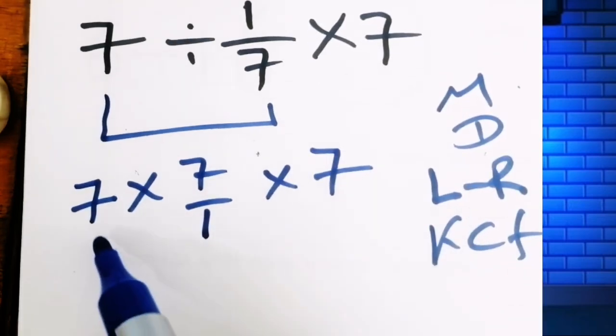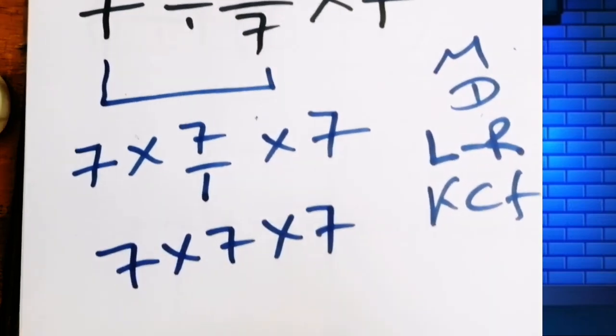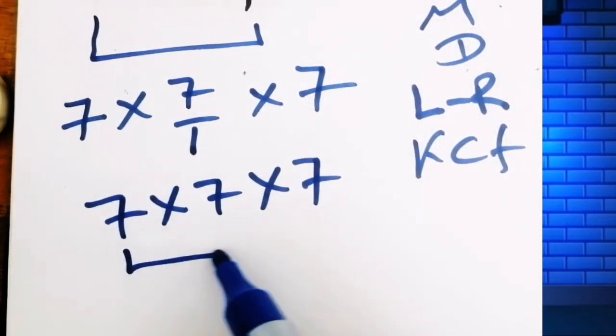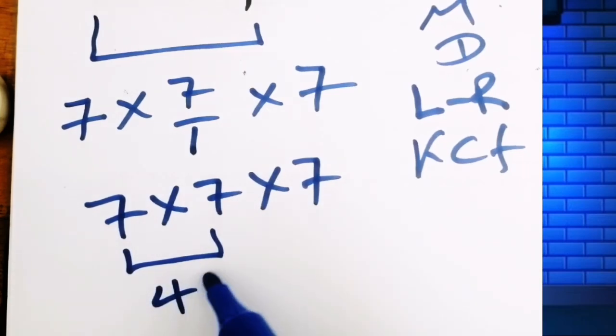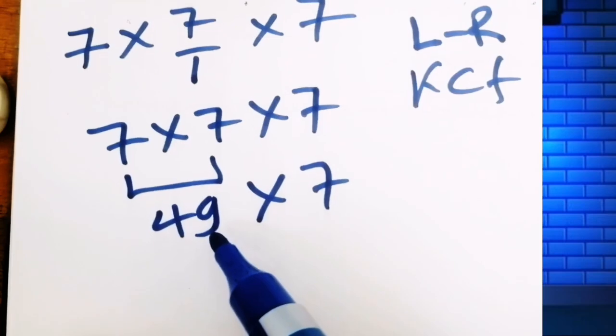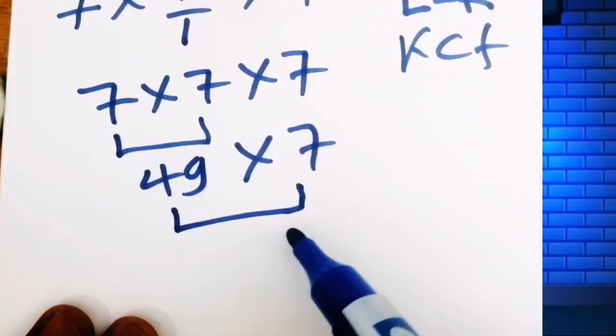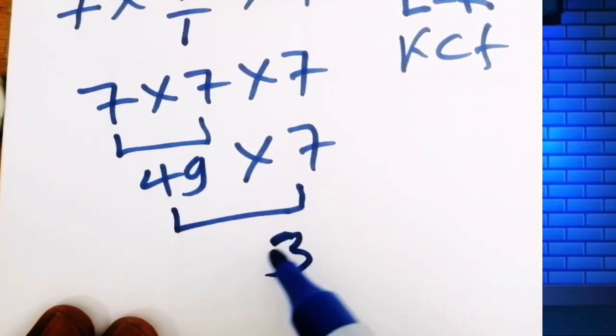Then which equals 7 times 1 over 7 means 7 times 7 times 7. And here 7 times 7 gives us 49, then times 7, okay? 7 times 9 equals 63, sorry.